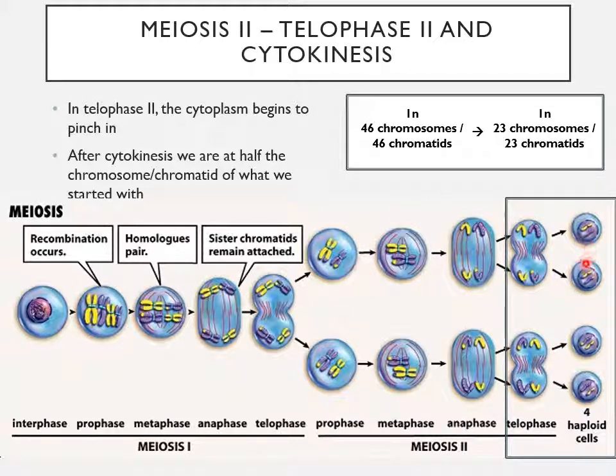In the prior cell, we had 46 chromosomes and 46 chromatids. Now we've split that in half, and we have 23 chromosomes and 23 chromatids in each new haploid cell that we've made. And again, each of these would either be an egg cell, or each of these would be a sperm cell.